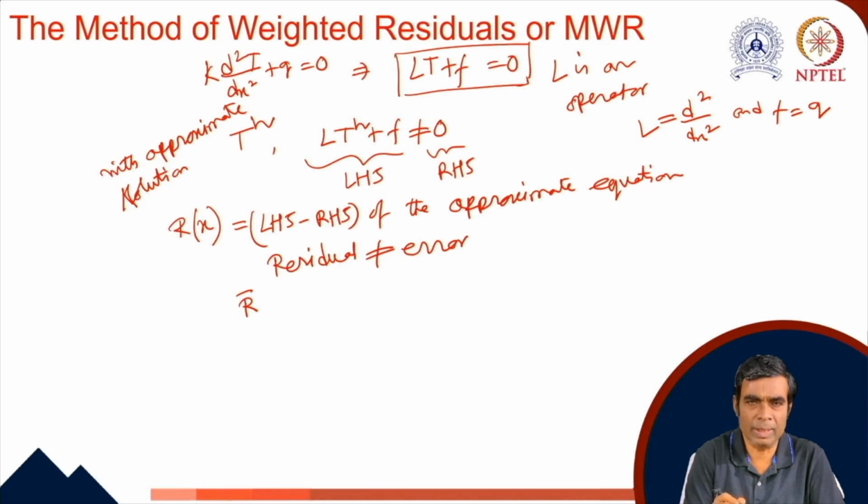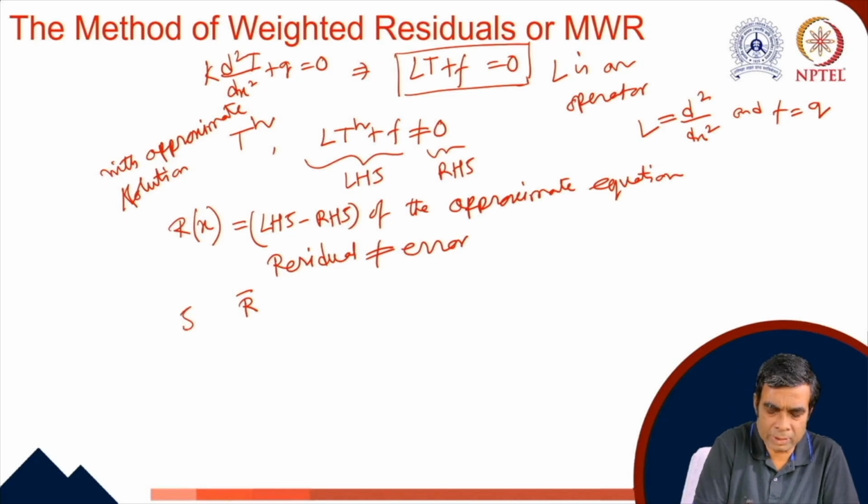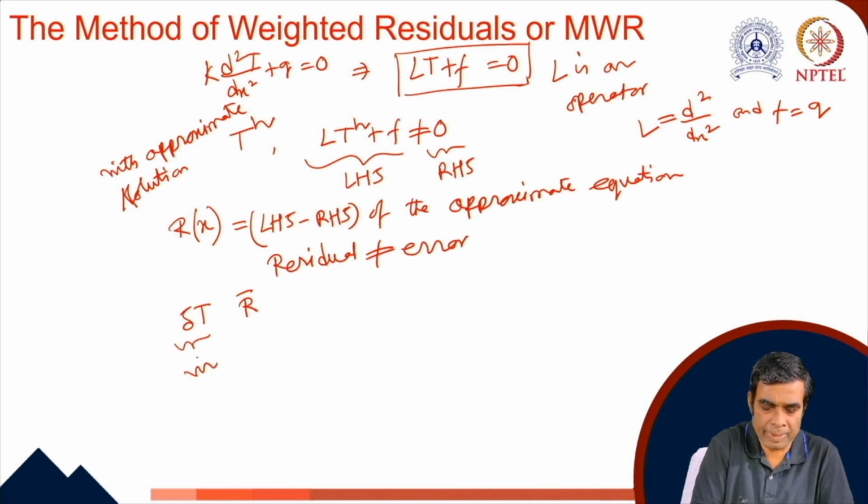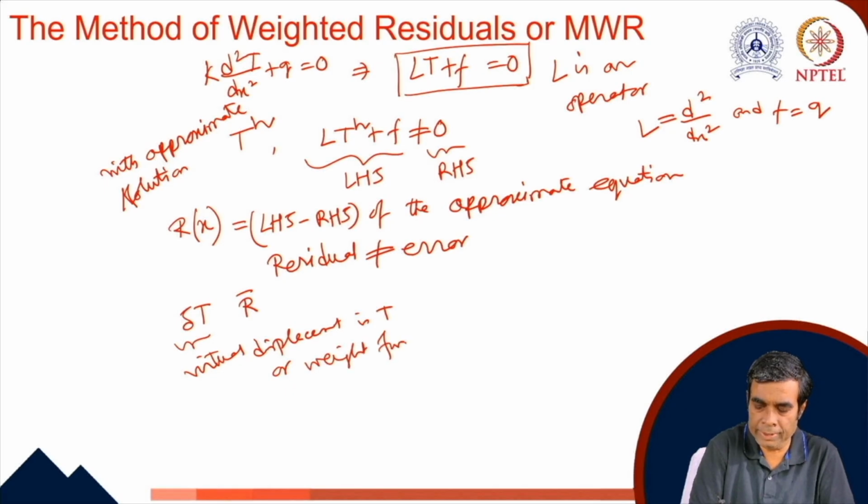So this is a problem on temperature. The virtual displacement of temperature, we can write as delta T. This is the virtual displacement in temperature, or weight function. This we already discussed, or test function.